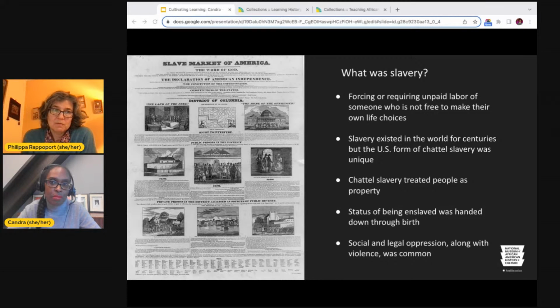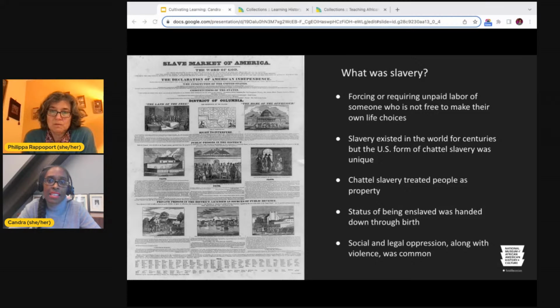Under chattel slavery, people were considered property, similar to household items, farm equipment, etc. As chattel slavery became the predominant form of labor in the U.S., enslavement became a status that was passed down through birth, through the mother's lineage.